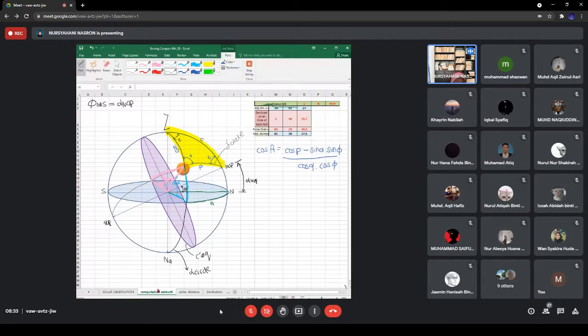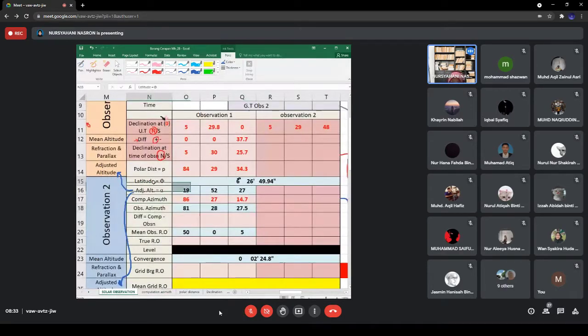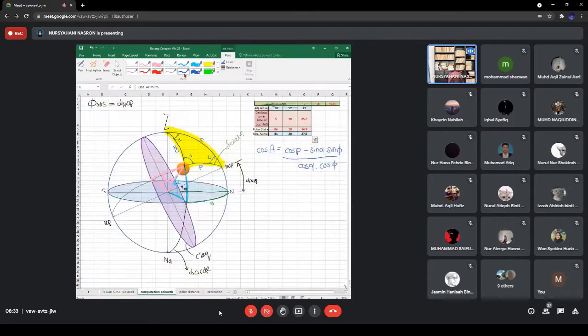That's why we have our latitude, adjusted altitude, and polar distance. From this data, you insert into your formula. Computation azimuth, you will get the value of A. So this is the value of A.